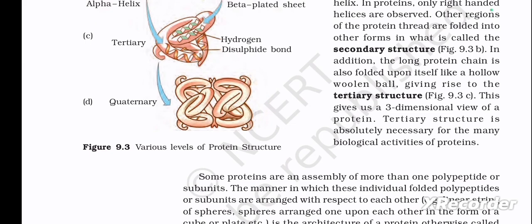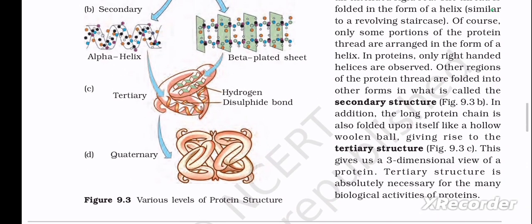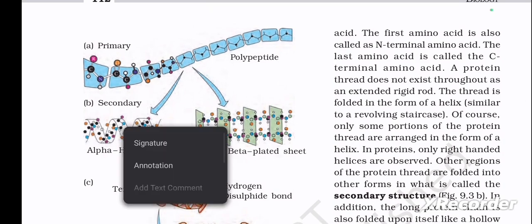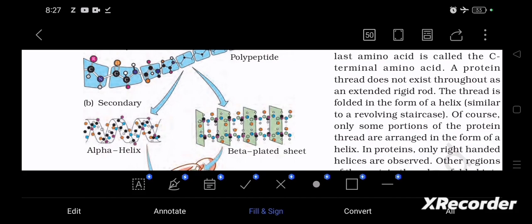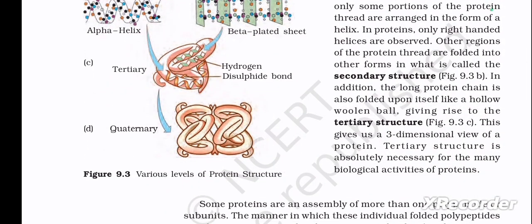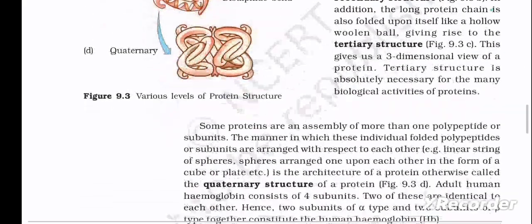Tertiary structure is absolutely necessary for the many biological activities of proteins. So here in figure 9.3 they have given various levels of protein structures. First one is primary, secondary, tertiary, quaternary. These are the protein structures.